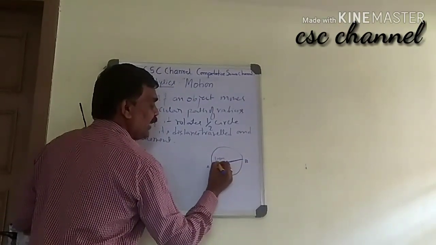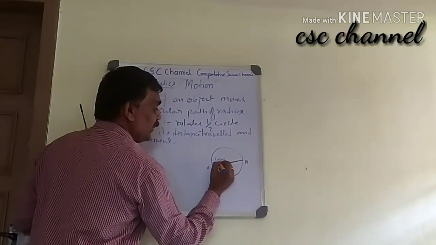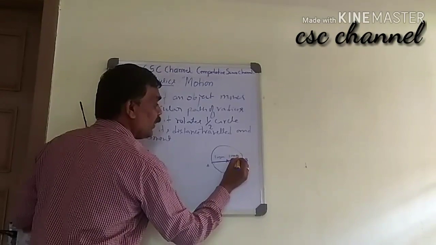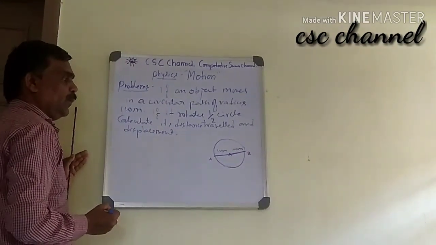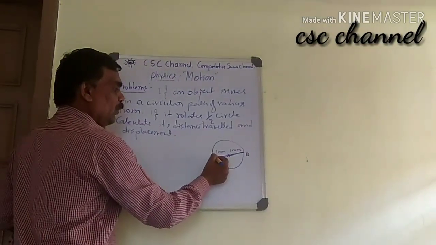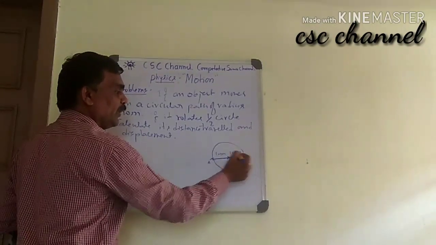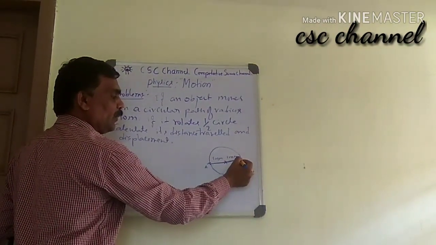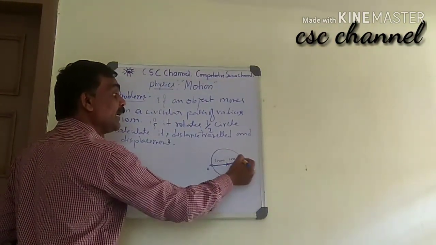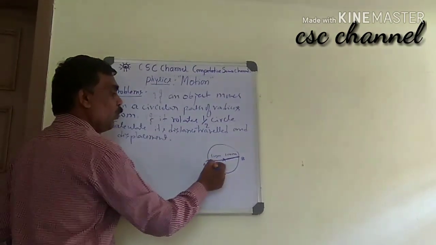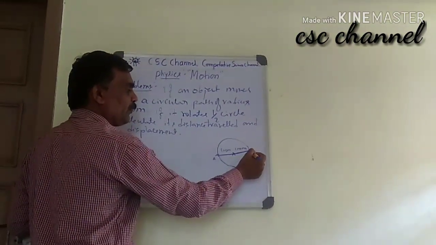This is the radius 100, means 100 meter. So here also 100 meter. So from here to here it moves. So what is the distance traveled and what is the displacement?